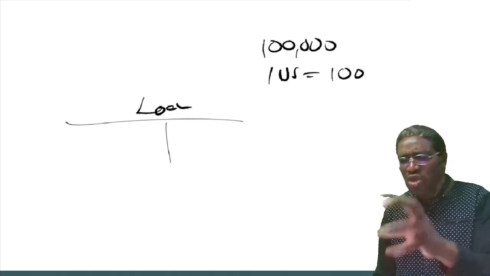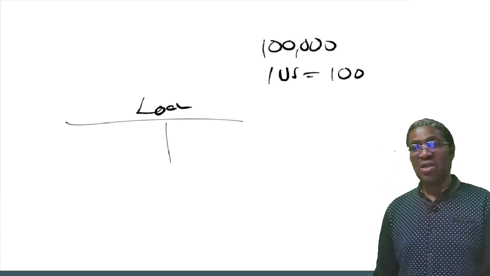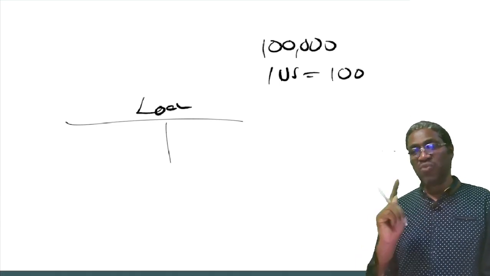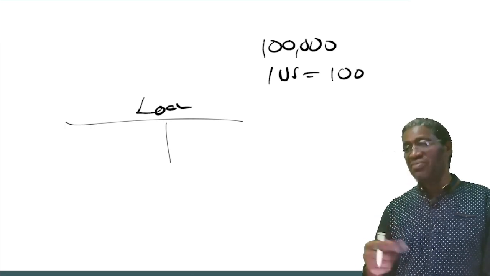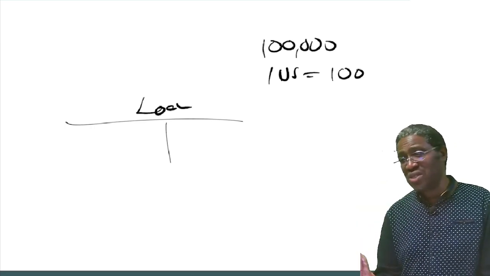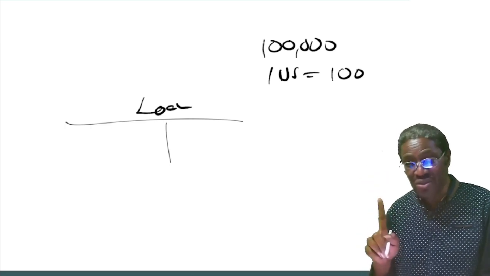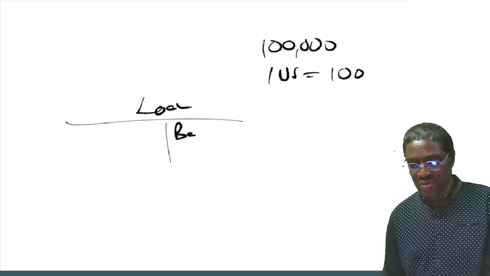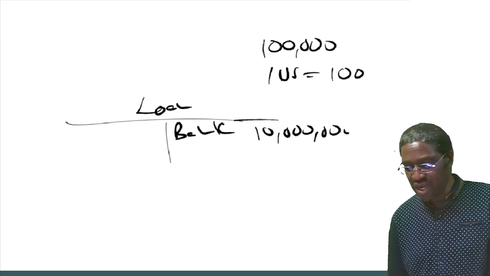If $1 US is equivalent to 100 shillings at that time, and you took a loan of $100,000, then it means you took a loan of 10 million Kenya shillings. So you will debit bank account in your books and you'll credit the loan account by 10 million.